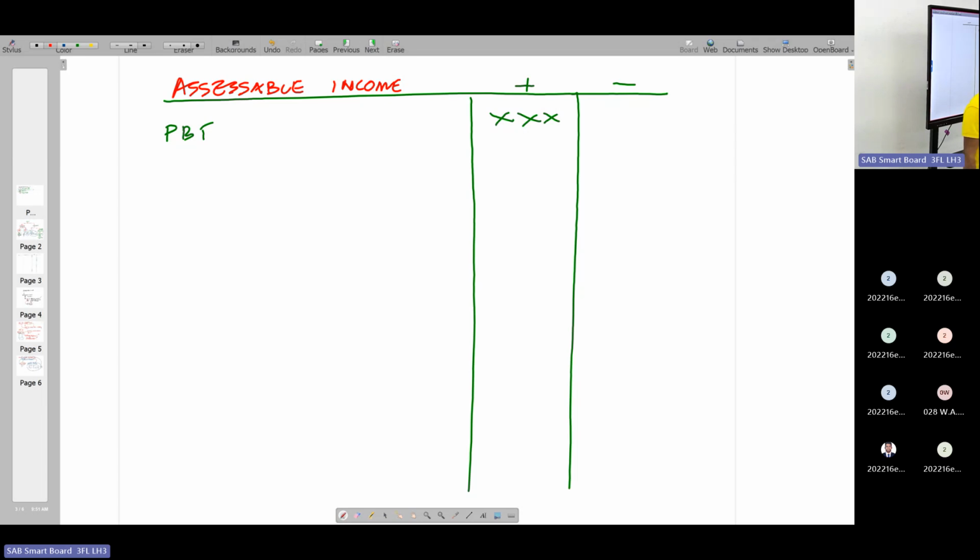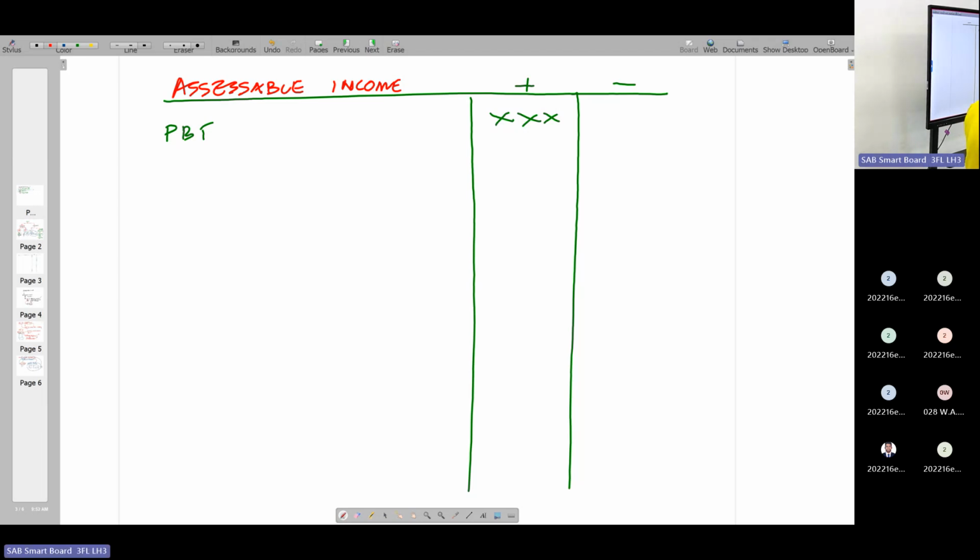Not only that, other operating income we also consider. Finance income is put as a separate line item. Therefore, in the business profit there may be elements which shall be categorized under other source of income.